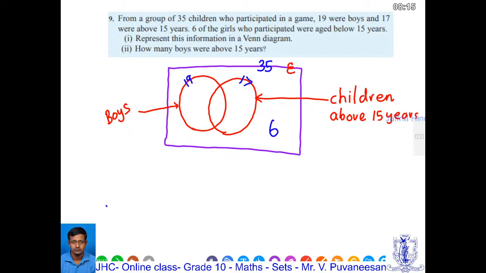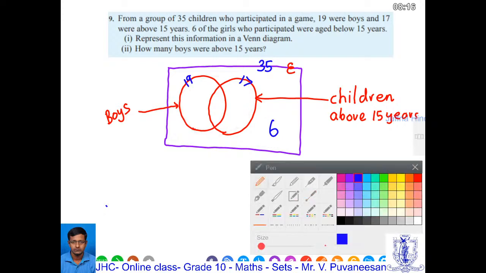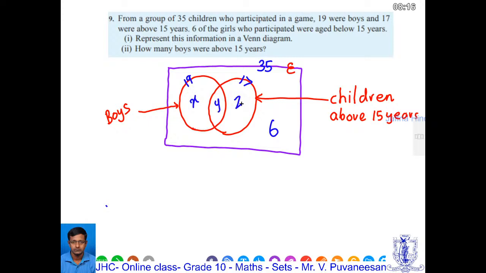So boys and the 2 circles, this is 35 minus 6. These 3 regions equal 29. These 3, x, y, z. x plus y plus z equals 29, because out of these 3 regions plus 6 is 35.